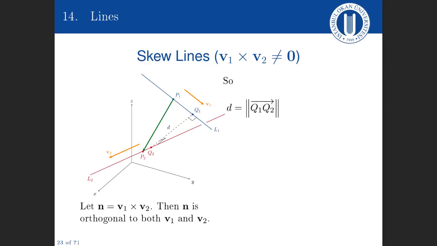For skew lines, looking at this picture, if Q1 is the point on the first line which is closest to L2, and if Q2 is the point on L2 which is closest to L1, then we're trying to find the distance between Q1 and Q2. And of course, the two angles that I've drawn here are 90 degrees if the distance is the shortest possible distance.